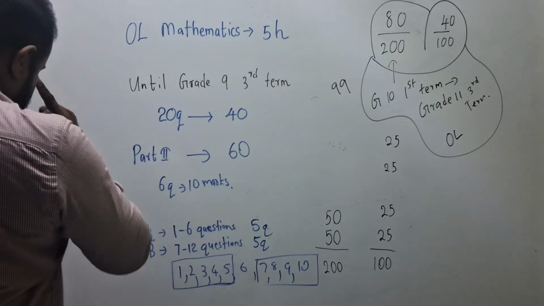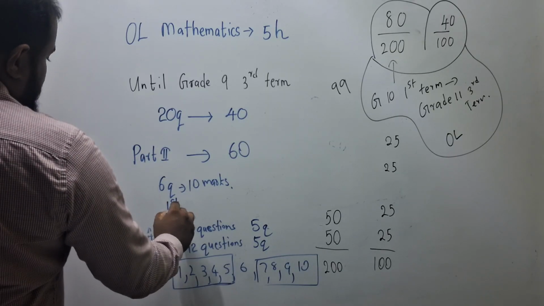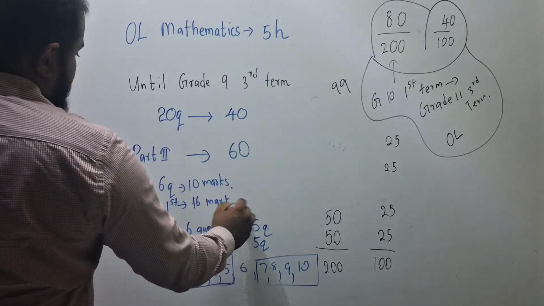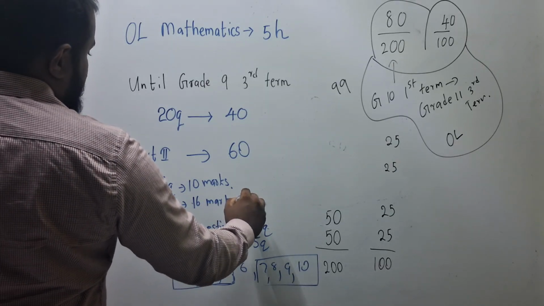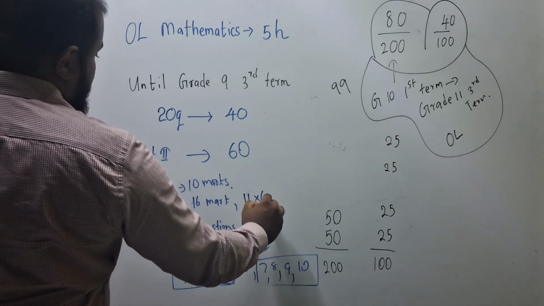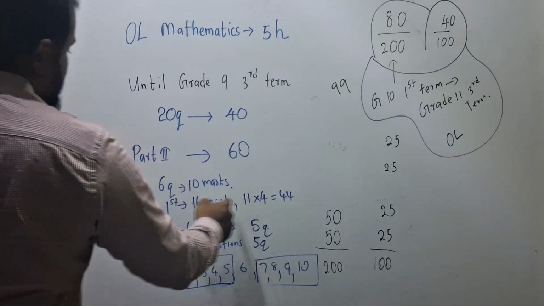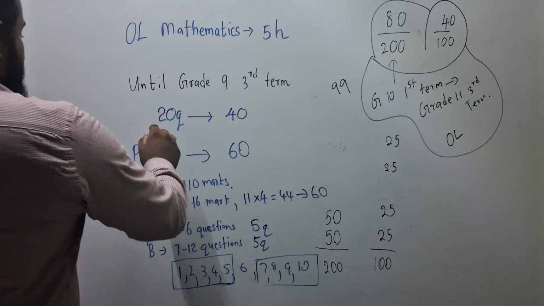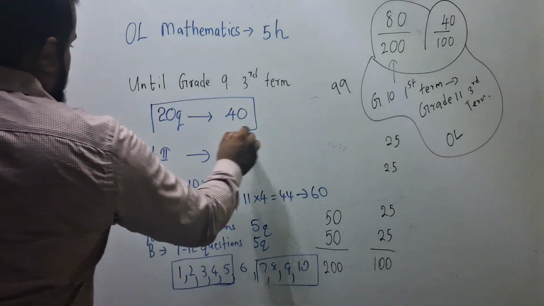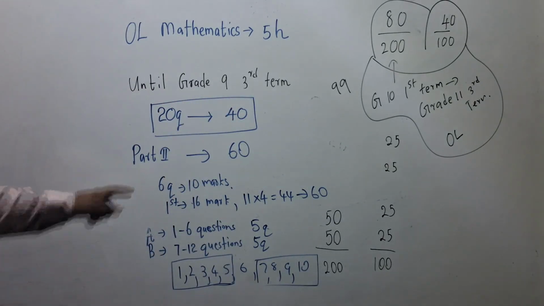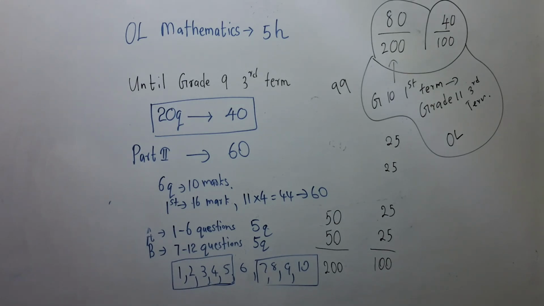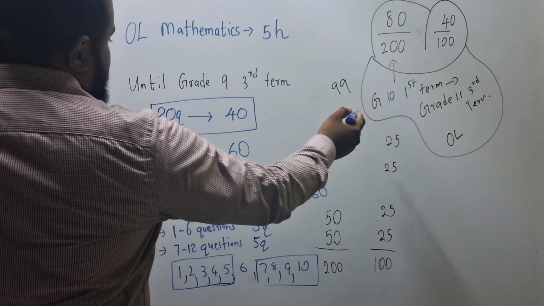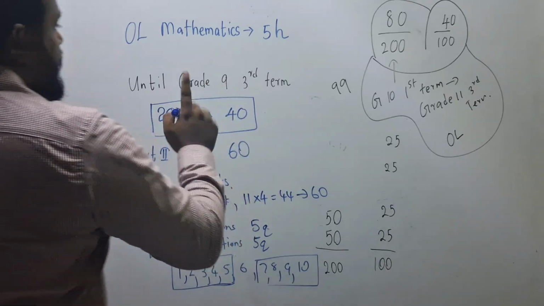Sometimes for the first question they give you 16 marks, and for the 4 other questions they give you 11 marks per question. So 11 times 4 is 44. This 44 and 16 give you 60. Anyway, they gave 40 marks for 20 questions until grade 9. So after grade 9, from grade 10, you are getting 1 mark for 1 question.